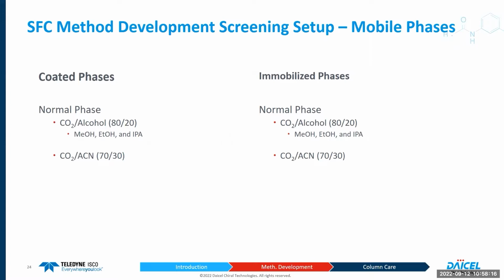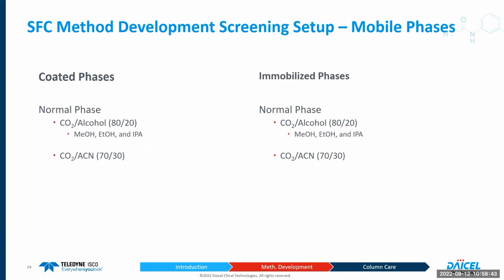In reality, what we do is we pick a single column, say it's Chiralpak IBN, and make a single injection with that column, say with 80-20 methanol, and see what the retention looks like for the particular analyte that we're interested in screening. If we find that there is not very good retention, we can, of course, decrease the amount of methanol or whatever the modifier is.